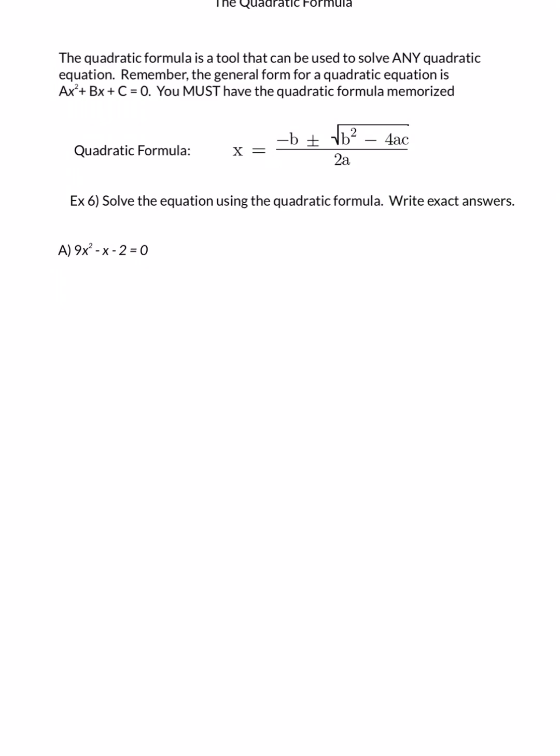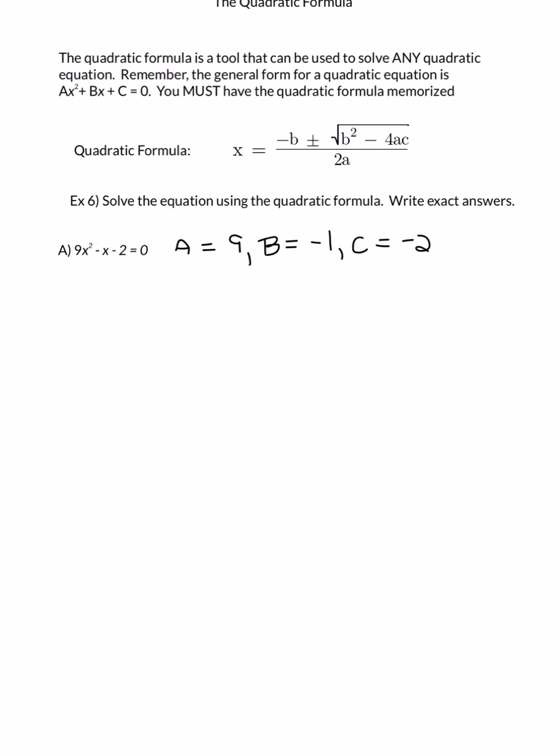On our first example of 9x squared minus x minus 2, remember that a equals 9, b equals negative 1, and c equals negative 2.